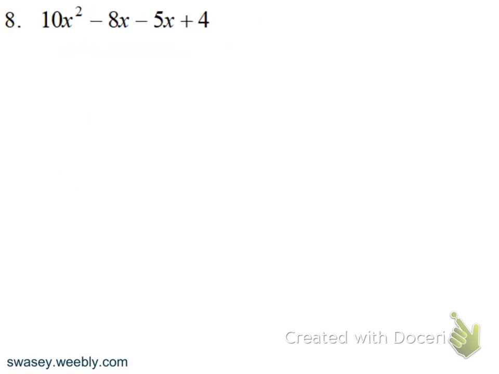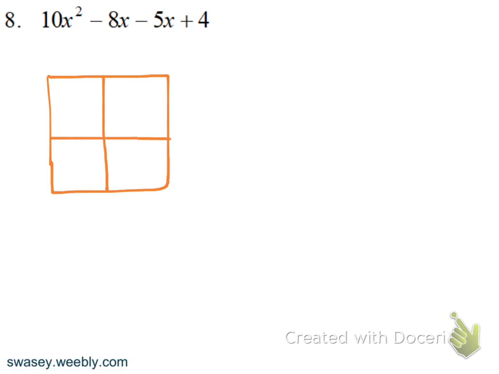Still looking at the box method. Fill in your terms. This time we have 10x squared minus 8x minus 5x plus 4. Greatest common factor of the top row is 2x. Greatest common factor of the bottom row is 1. 10x squared divided by 2x is 5x.